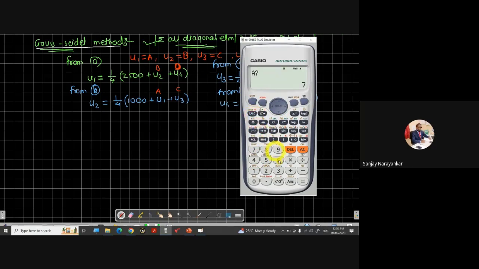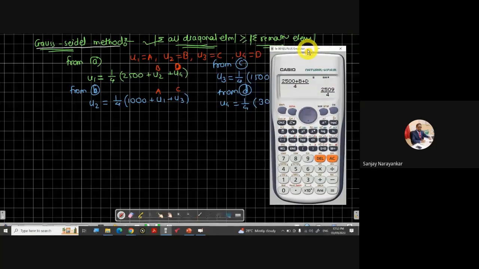Then calc: you can put in the values of A, C, and you'll get the answer. Both the equations are in memory. This one is for AC, and the earlier equation for BD is also in the calculator. So similarly, you can write for U3 and U4. All 4 equations are in the calci, in memory. You can easily access them by navigating, and accordingly you can do the calculation. Any question now?